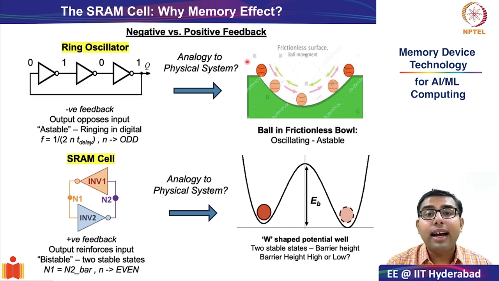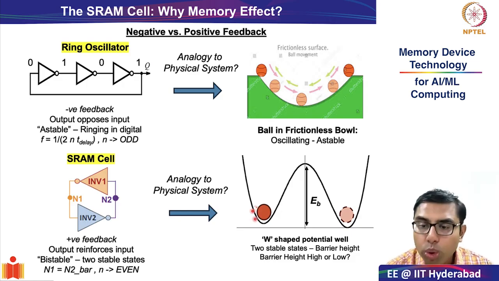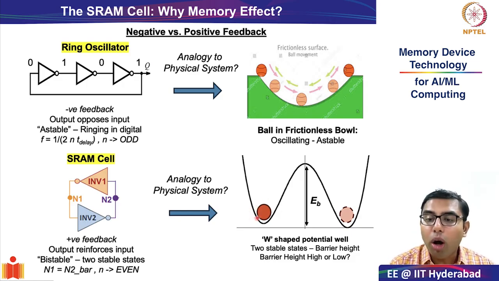Please recall that what is interesting about any memory element is not only that it is able to hold on to the states, but also that you can modify the value. You can write the value. In this case, if the barrier height is too large, it will take a lot of energy to transport this ball from state 0 to state 1 and vice versa.